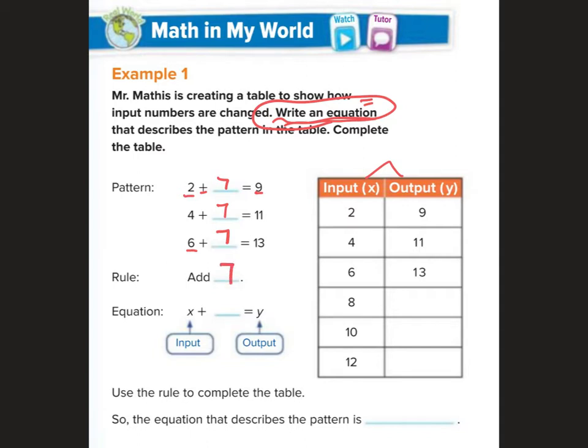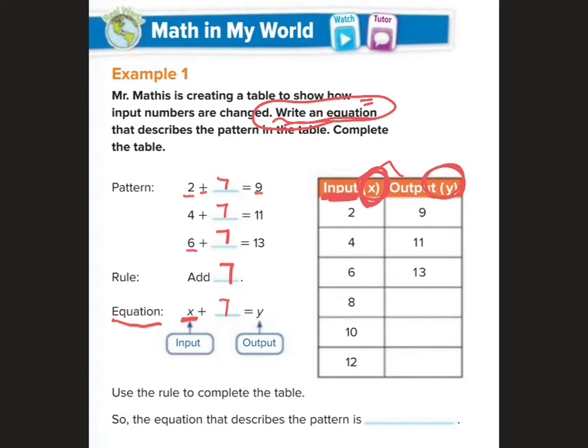So I'm going to continue that. My equation is going to be x, which, look at, this says all of the inputs are called x. So my input x, we're going to add 7 to it, and then our answer is going to be a y. Let me show you what that looks like.